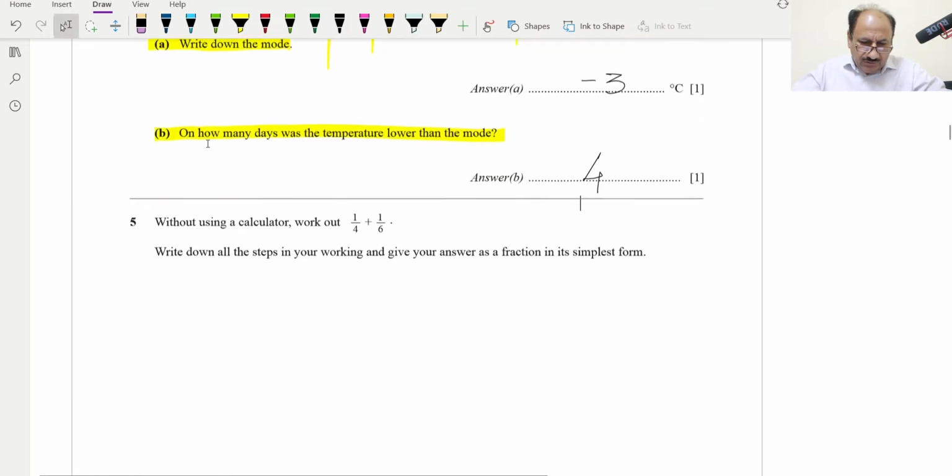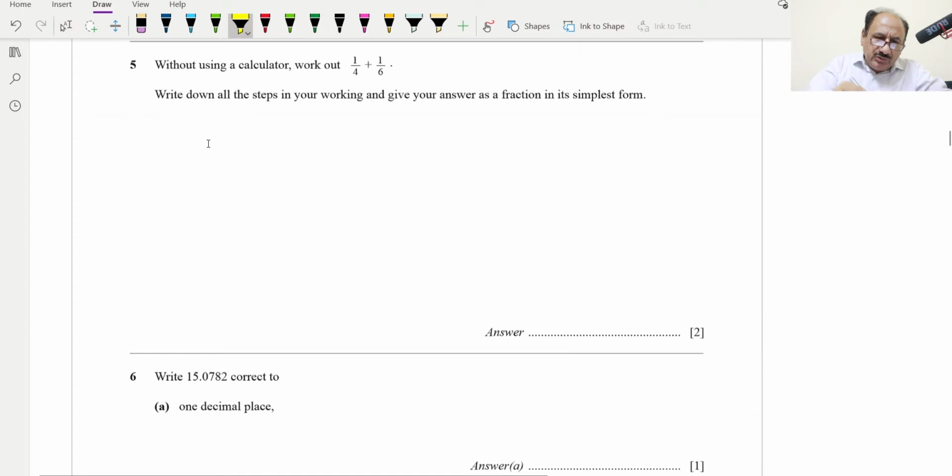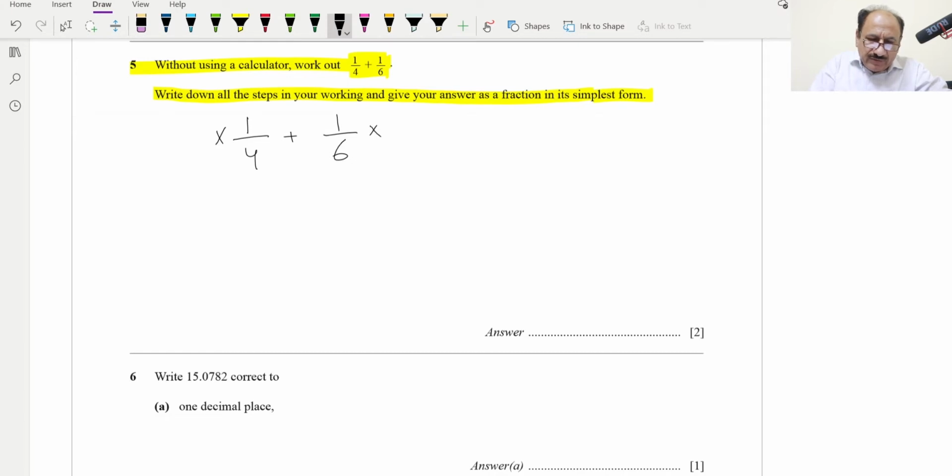Question number 5, without using a calculator, work out 1 over 4 plus 1 over 6. Write down all the steps in your working and give your answer as a fraction in its simplest form. So we equalize the denominators and make them 12.